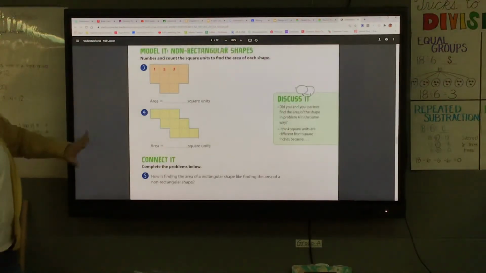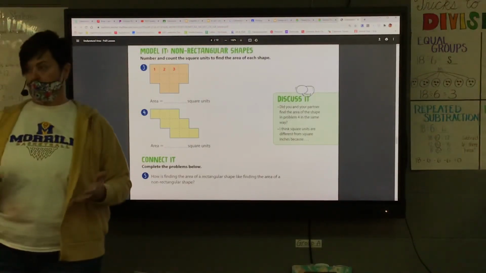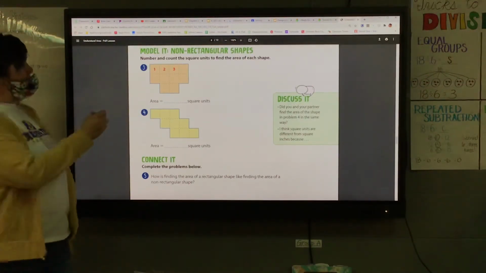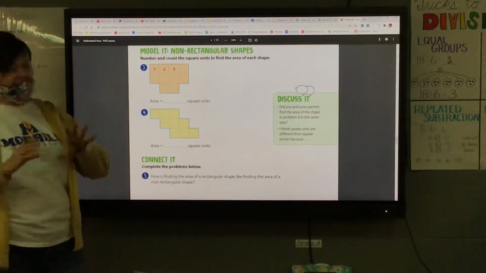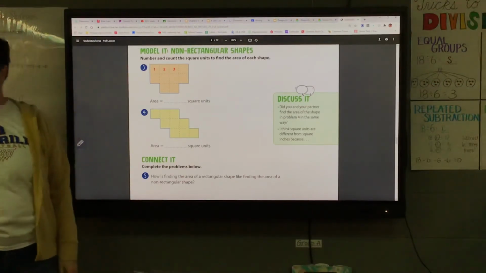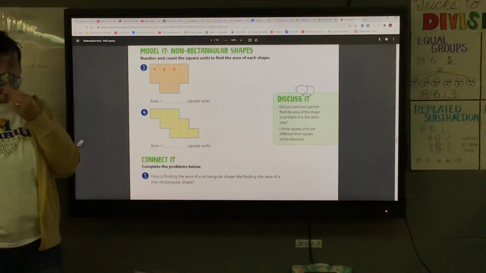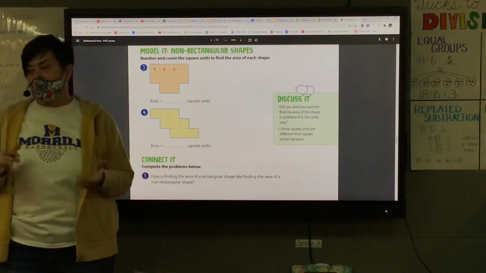All right. They're giving us weird shapes now. But you notice each one of them has square units inside it, doesn't it? So just because the shapes are weird, it still has perfectly square units inside it.